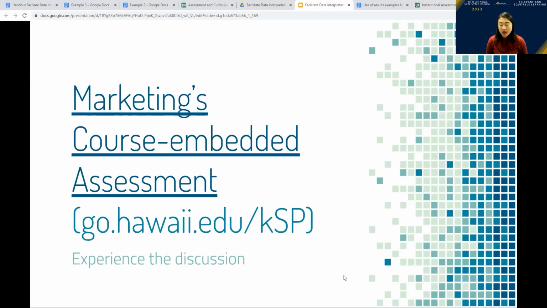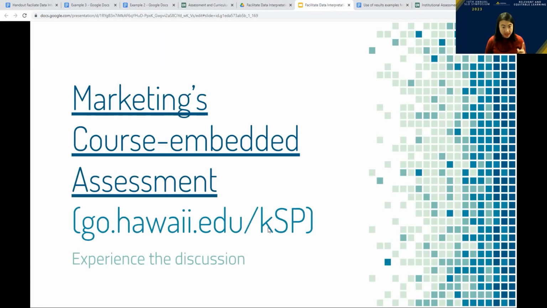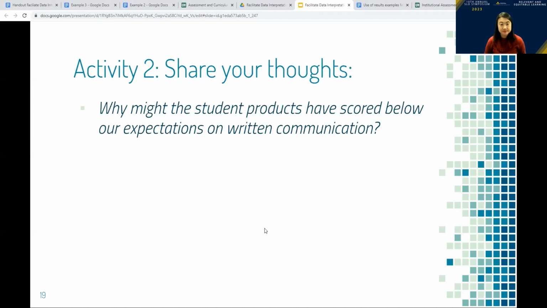Okay, I'm going to have everybody do this exercise. I'm going to put the example 2 handout in the chat. After reading the handout, you have one task, activity two on your handout.